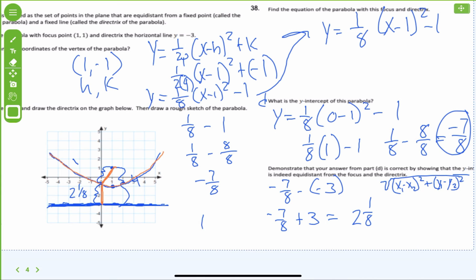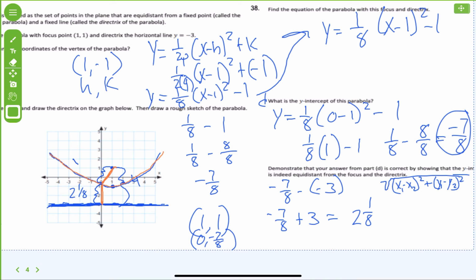Our 2 points are 1 and 1. That's our focus. And then our y-intercept is 0, negative 7/8.